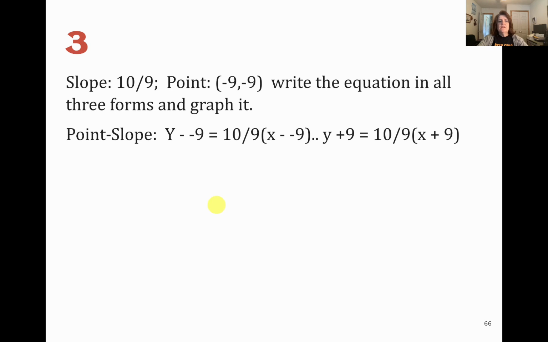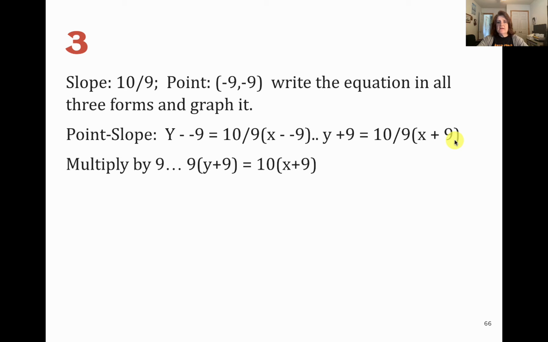But starting with point-slope form, remember point-slope form is y minus y1, so y minus -9, equals m, 10/9, times x minus x1, or another -9. Simplifying those two negatives together, you get y plus 9 equals 10/9 times x plus 9.